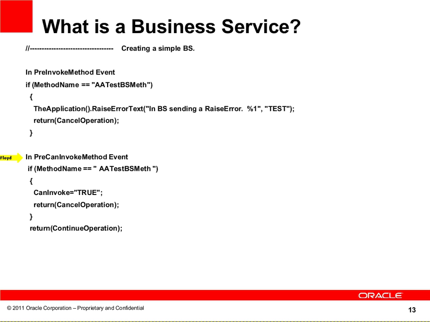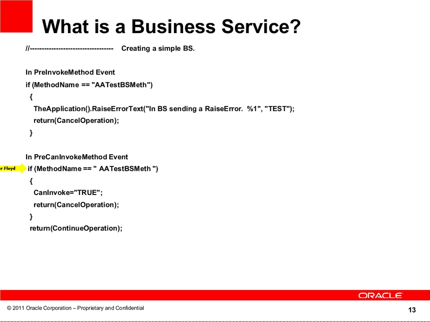So we're just adding code here that says when the PreCanInvokeMethod event fires, if the method name is AA test BS method, then we're going to say that it is invocable, and then we're going to do a cancel operation so it doesn't go any further. You would have in your PreCanInvokeMethod every different method that you want to be used in this business service. You would define it here and duplicate the same kind of code.